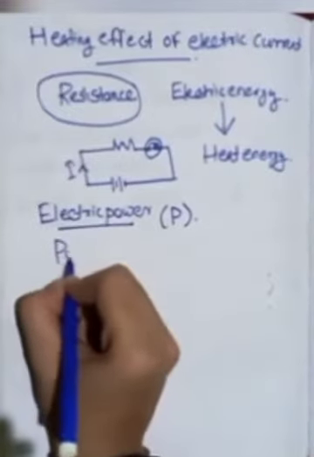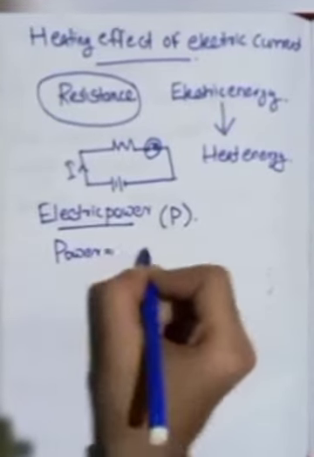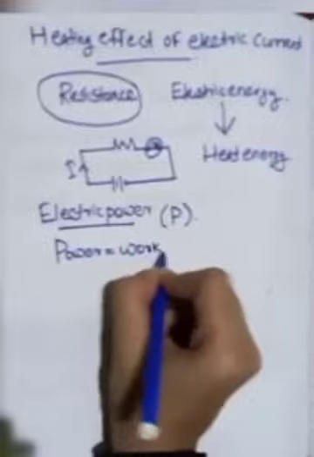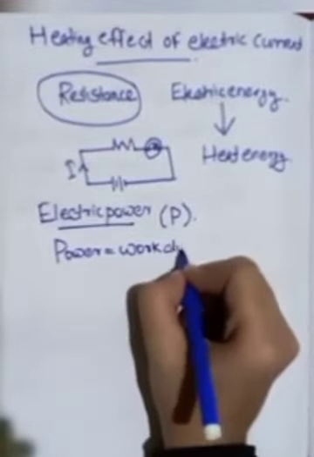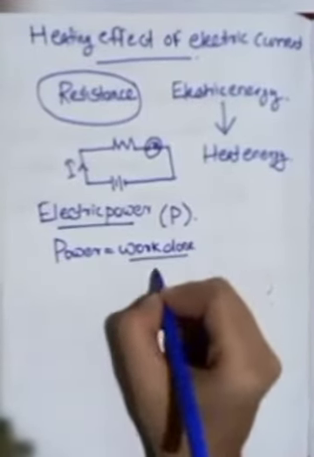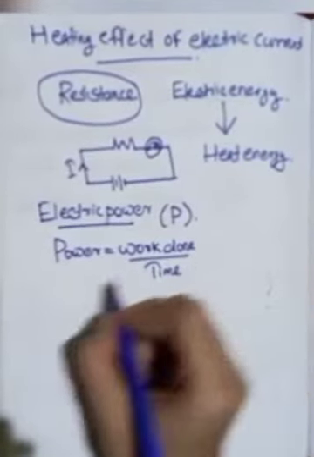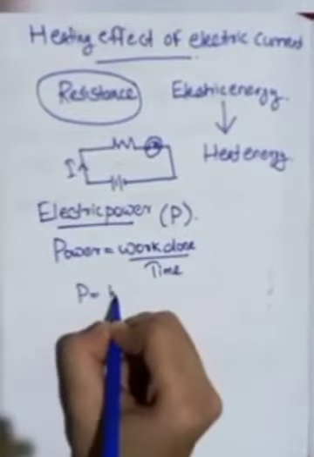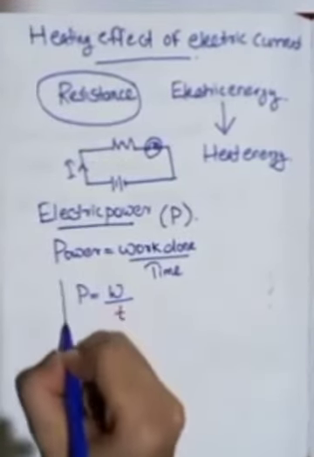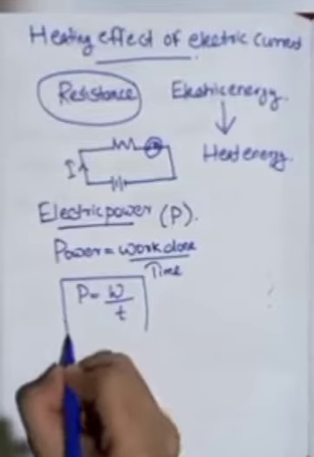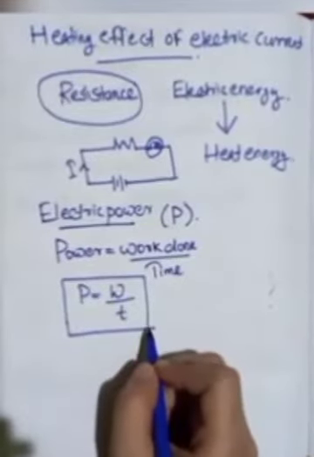That is, power is equal to work done by time. This is the equation for power, P is equal to W by T.